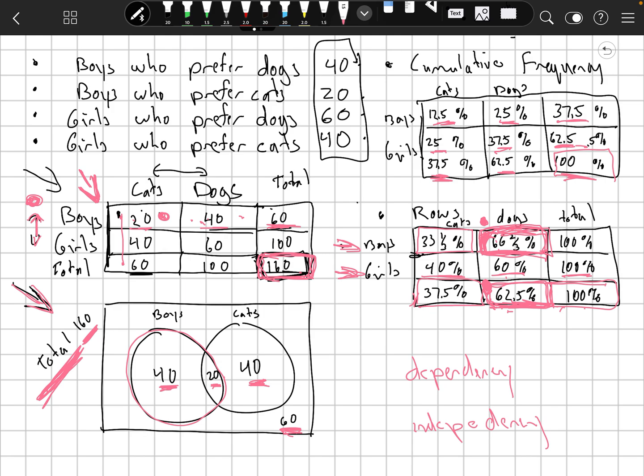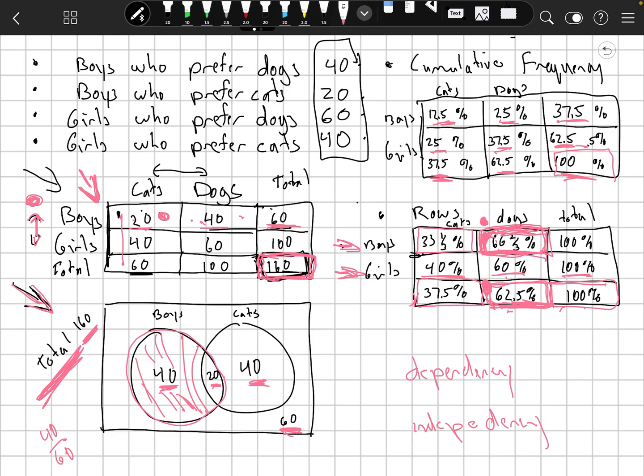So we did boys who like dogs. So over here, take a good look at this. You can kind of see what we're saying is this pink part right here. So out of the whole thing, 40 out of 60, that's where we got the 66 2/3%.